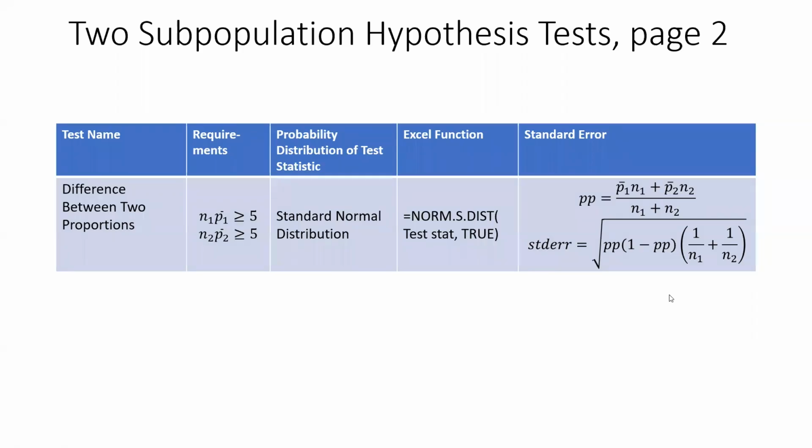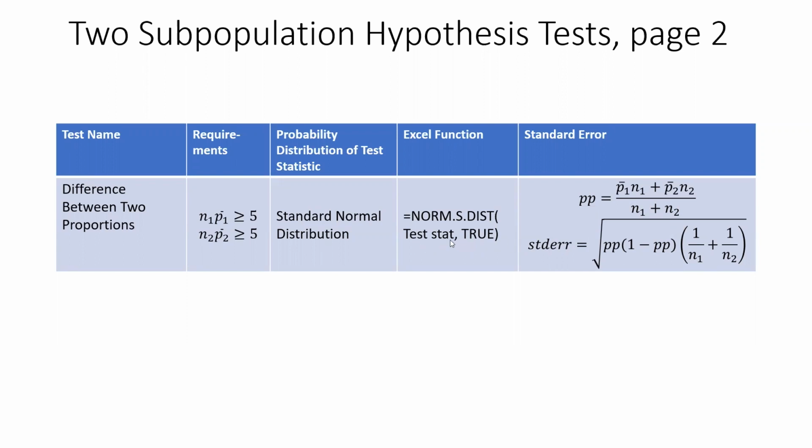Since there is no actual test in the data analysis tool pack, you have to run this by hand. So we actually have to program the standard error, which is a little complicated. I will go ahead and program that and upload a file to Brightspace that has this programmed in, so you can use the standard error formula and use that to obtain your test statistic, which would then go into the Excel function for a normal distribution.